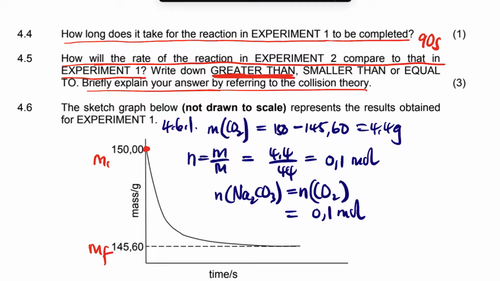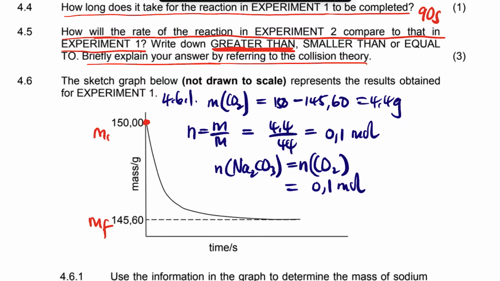So we have the number of moles of sodium carbonate. We can change it now into mass, right? We can say 0.1, and we want the mass. The molar mass of the sodium carbonate is 106, and then we cross multiply. This is the mass of what?